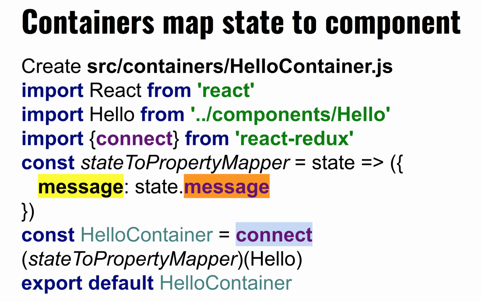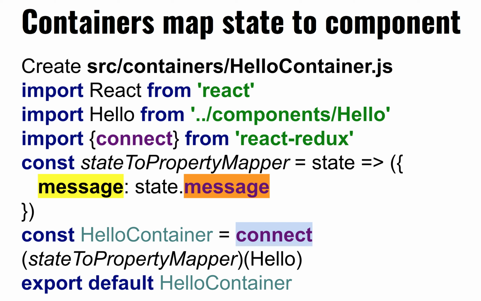Make sense? So to do that, we're going to be using a function that comes from the glue called connect. And that's exactly what it's going to do. It's going to connect the state that is coming, and map it to the property that hello is expecting. The mapping happens through a function.